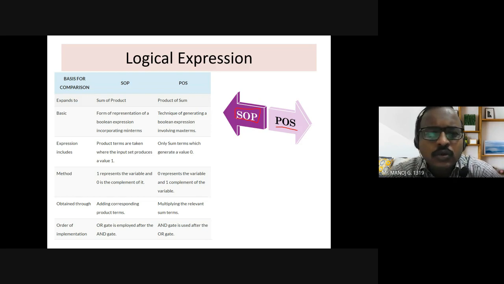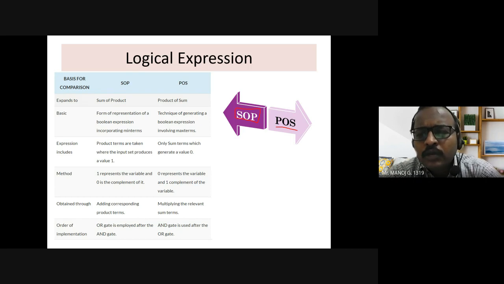These are the characteristics of sum of product and product of sum. SOP stands for sum of product and POS stands for product of sum. And basically it has got a procedure in order to construct the logical circuits.